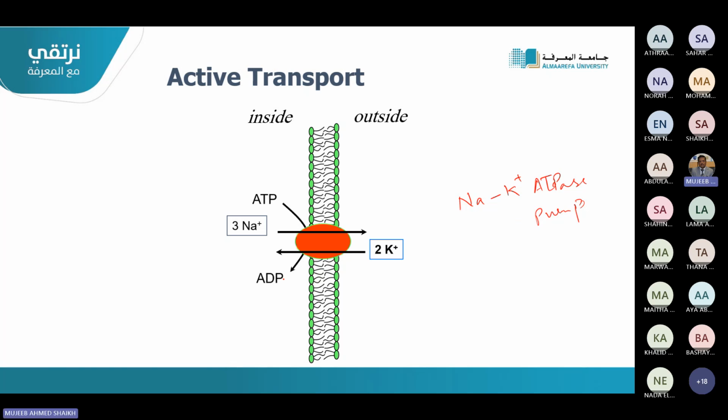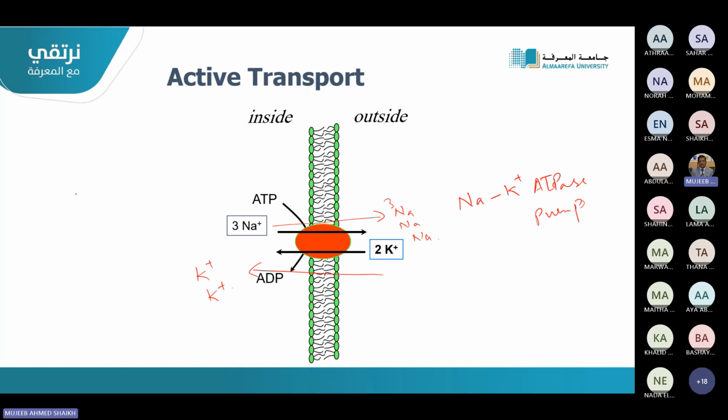What is this sodium potassium ATPase pump doing? It is active throughout your life in all the cells, and it is sending 3 sodium ions outside. It is throwing 1 sodium, 2 sodium, and 3 sodium outside, and it is taking 2 potassium inside. In one cycle, it is doing like this.